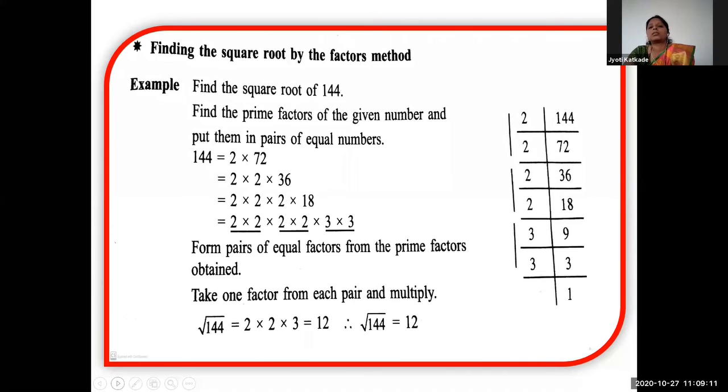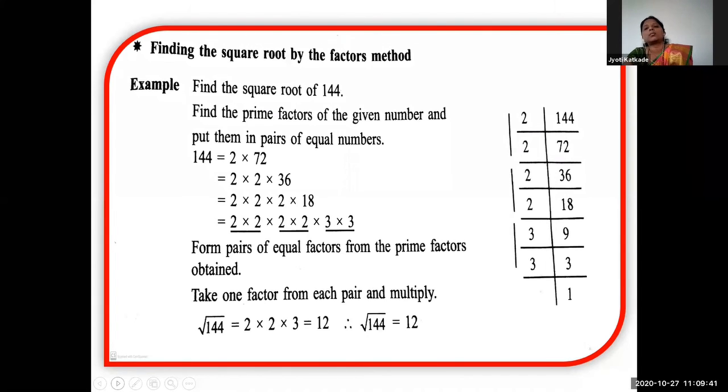Again divide 72 by 2, we get 2 into 2 into 36. Again 2 into 2 into 2 into 18, and again divide 18 by 2. See, at the right side there are the prime factors of 144.